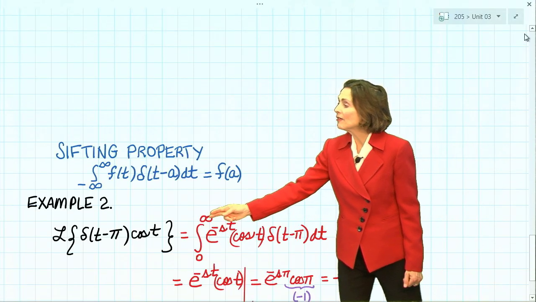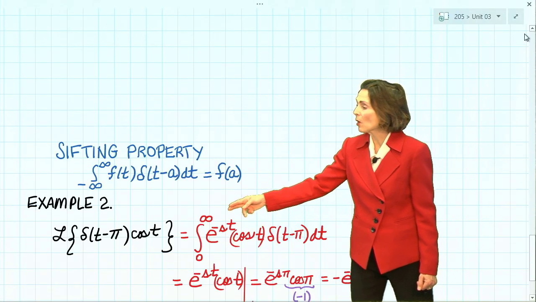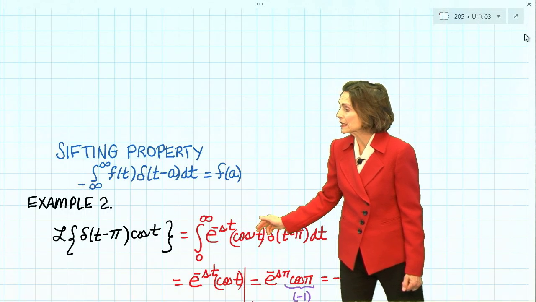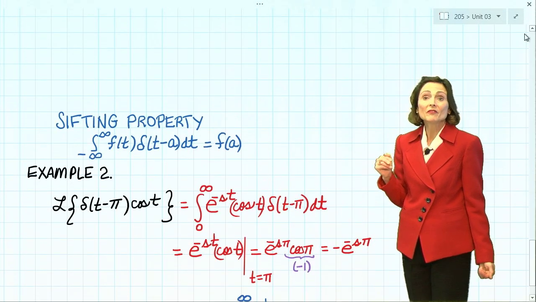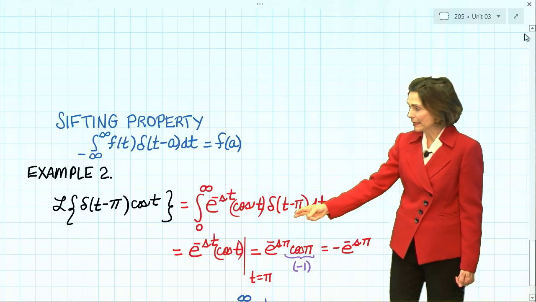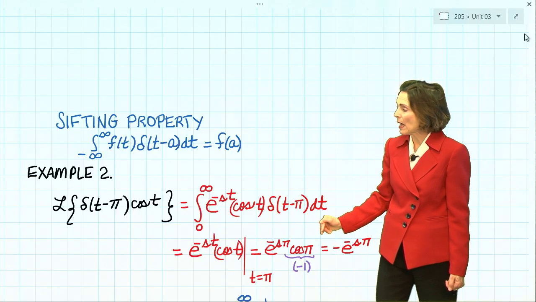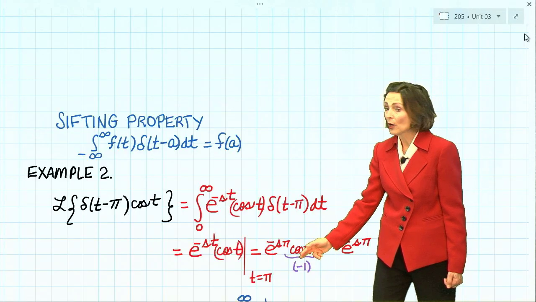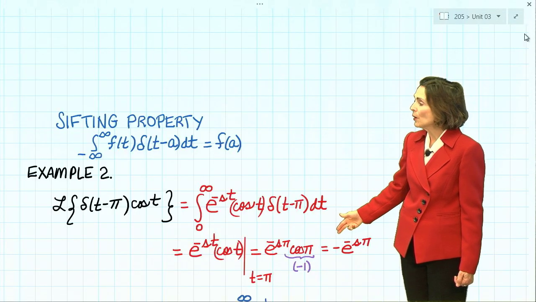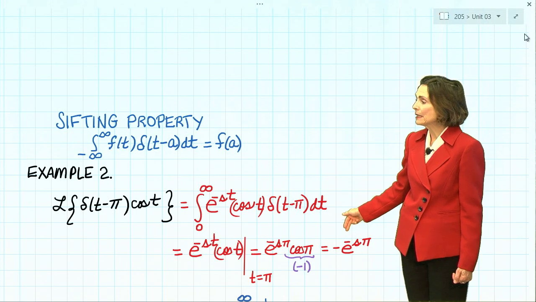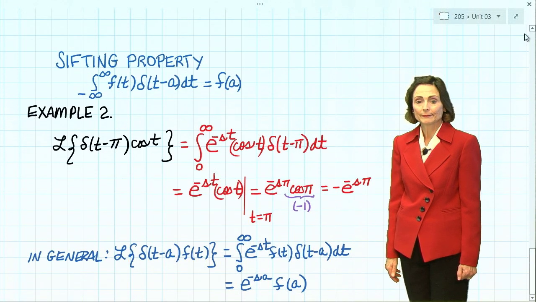So the f of t, as we go to use the sifting property, is e to the minus st cosine t. So we will evaluate that at t equal to pi, which gives us e to the minus s pi times cosine pi, which is minus 1, or the result is minus e to the minus s pi.